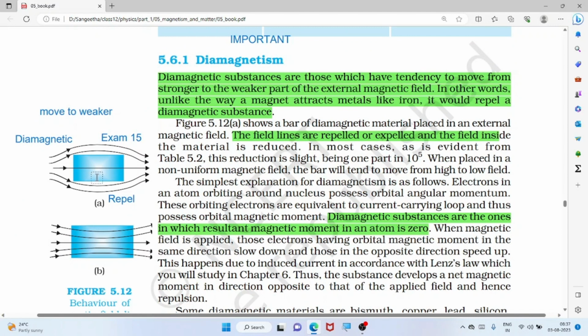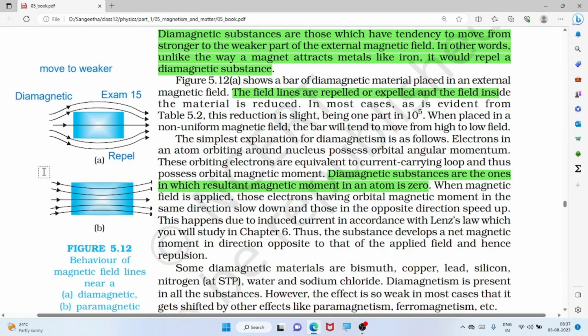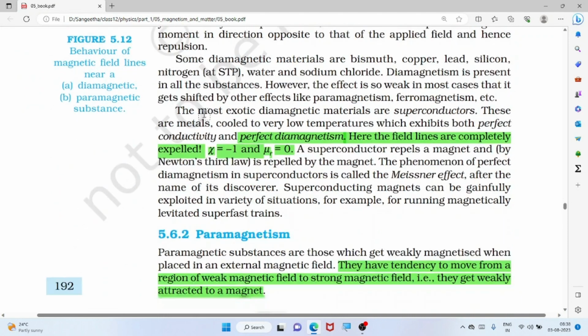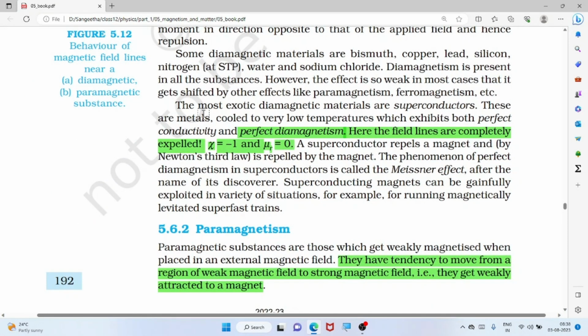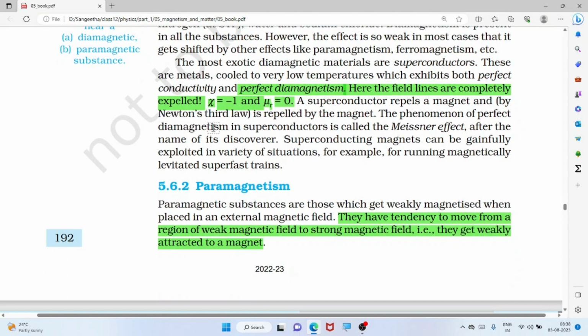A diamagnetic substance will move to a weaker field, so it will be repelled from the magnetic field. This is diamagnetic, and this is paramagnetic, which will attract. Completely repelled for diamagnetic: susceptibility negative, and relative permeability 0.